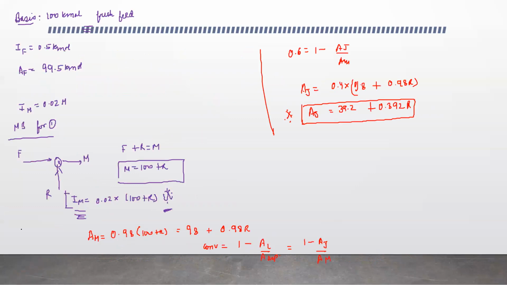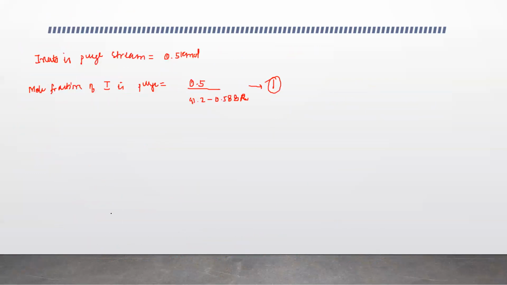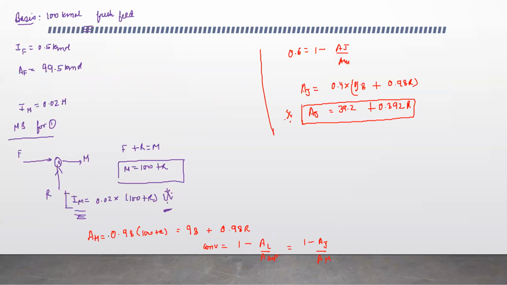So when we come to the recycle stream, do we know inerts in the recycle stream? We know inerts over here. We know inerts over here. So we can do an inert balance, right? So at junction 1, if we do an inert balance, we'll basically get inerts in feed is equal to inerts in the mixed stream plus inerts in recycle.